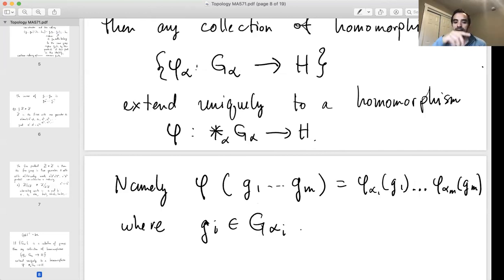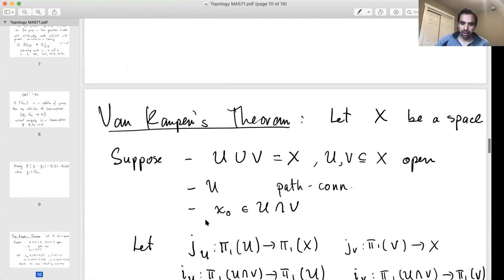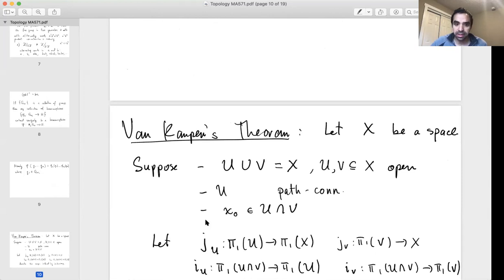You just apply the corresponding map to every g_i and multiply them all together. Is that clear? Okay, so let's go to the statement of van Kampen's theorem.